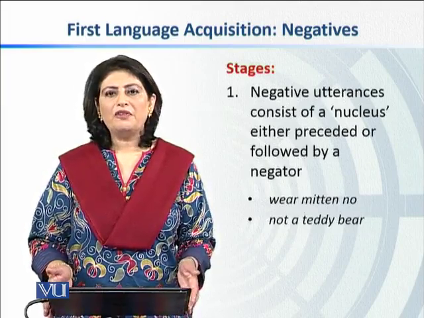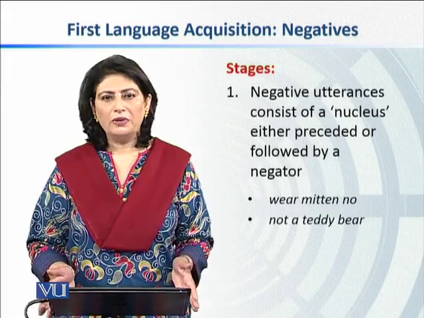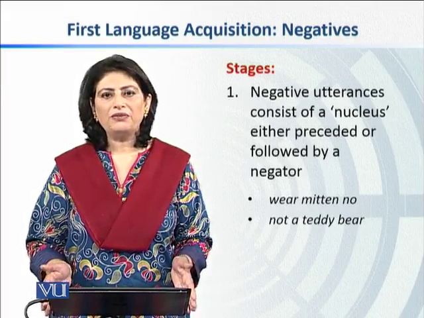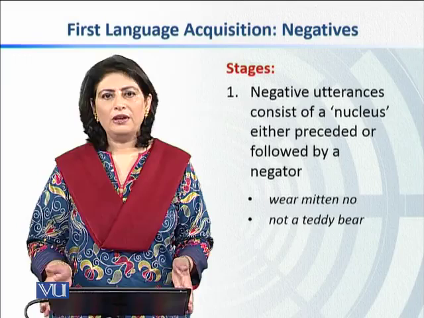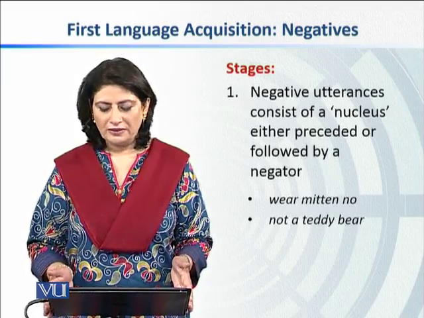So researchers have pointed out that all children, cross-linguistically, no matter what language they are learning as their first language, will pass through the same 3 stages when they are acquiring negative markers or negative sentences.